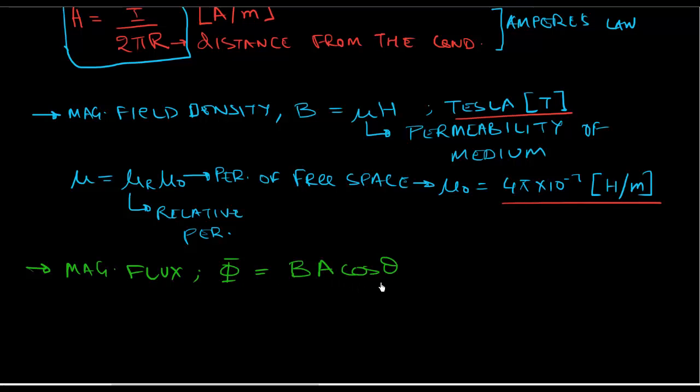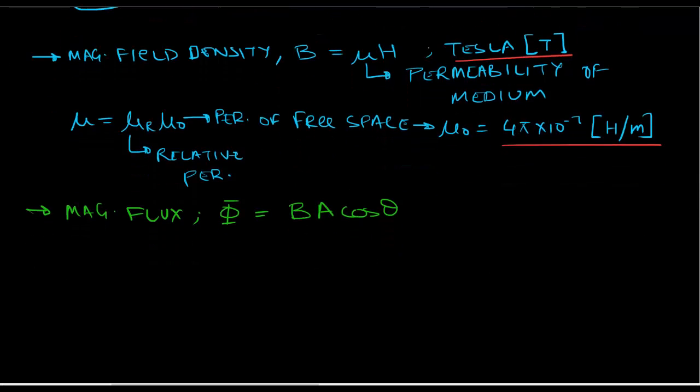That is the mathematical formulation. The definition is simply that it is the measure of the magnetic field density through a closed surface. So this is the area of that surface. I am going to make this clearer for you, don't worry. So let us draw ourselves some magnetic field lines.